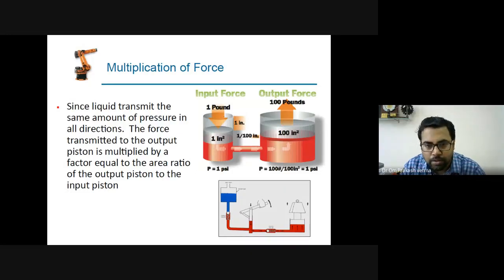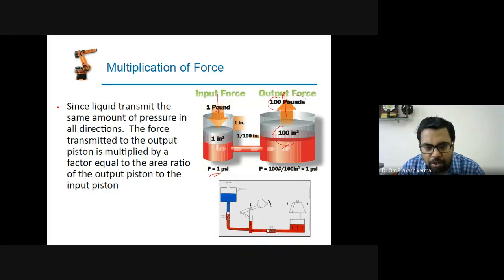Okay. So once the force is applied here on the area of 1 square inch with the pressure of 1 psi, right? You can see here the force is 100 pounds when the area of this tank is increased by 100 times. Then the force will be 100 pounds.